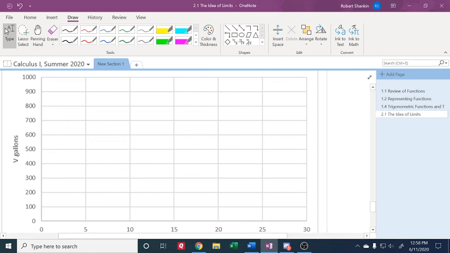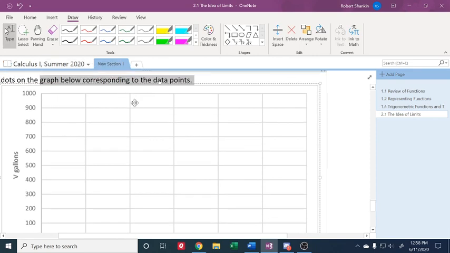The first point is 0, 1000, which is way up here. The next data point is 5, almost 700, right about here. 10, 444.